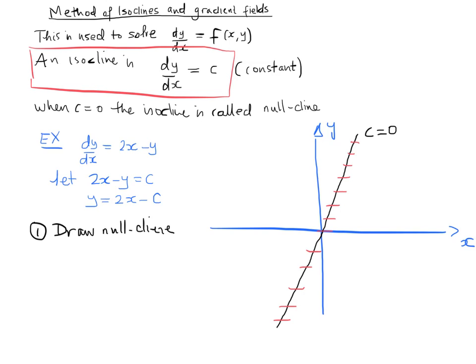And now we're going to do another isocline. So it seems sensible to pick integers, 0, -1, 1, -2, 2. So let's go to c equals -1. If c equals -1, what's our isocline equation? Being very slightly careful there with our signs. y equals 2x plus 1. And what does y equals 2x plus 1 look like? Just that line that you've got drawn shifted plus 1 up.